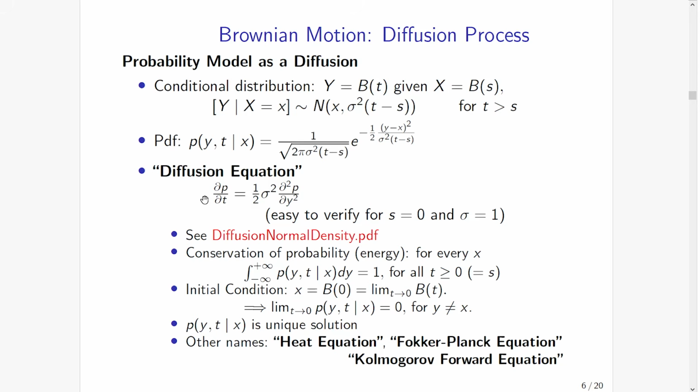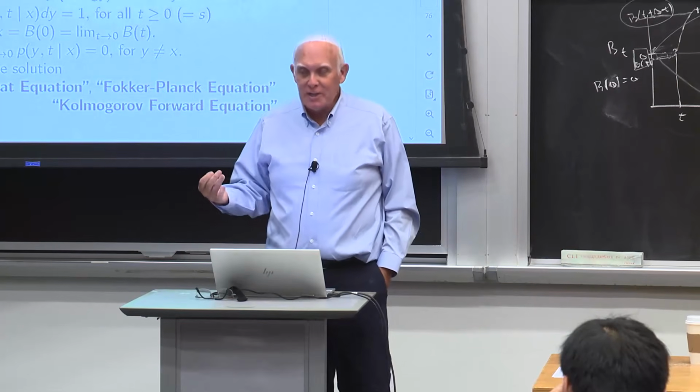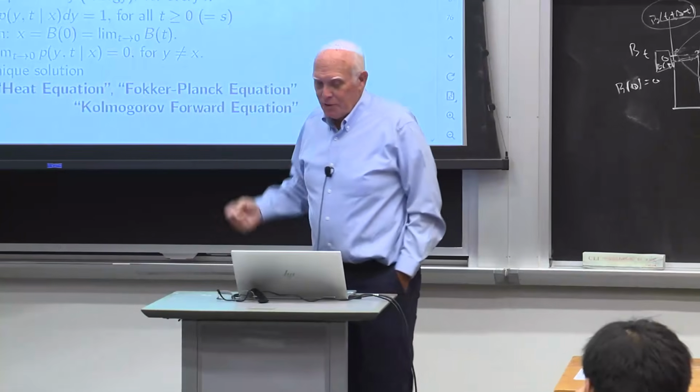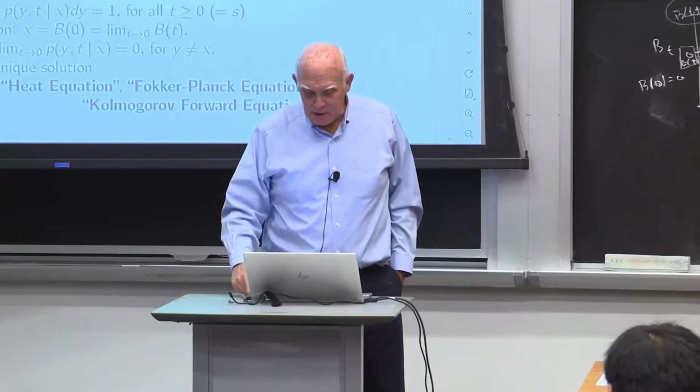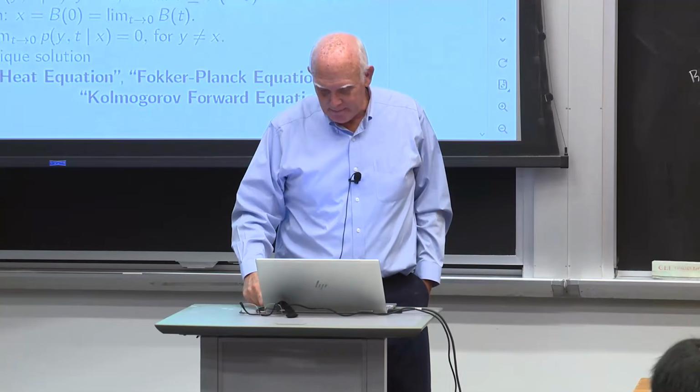And it turns out that this density is a unique solution to this diffusion equation. So an important issue in the mathematical development framework for models is, do solutions to our equations exist? Are they unique? In fact, for this diffusion equation, we get a unique solution satisfying the properties.